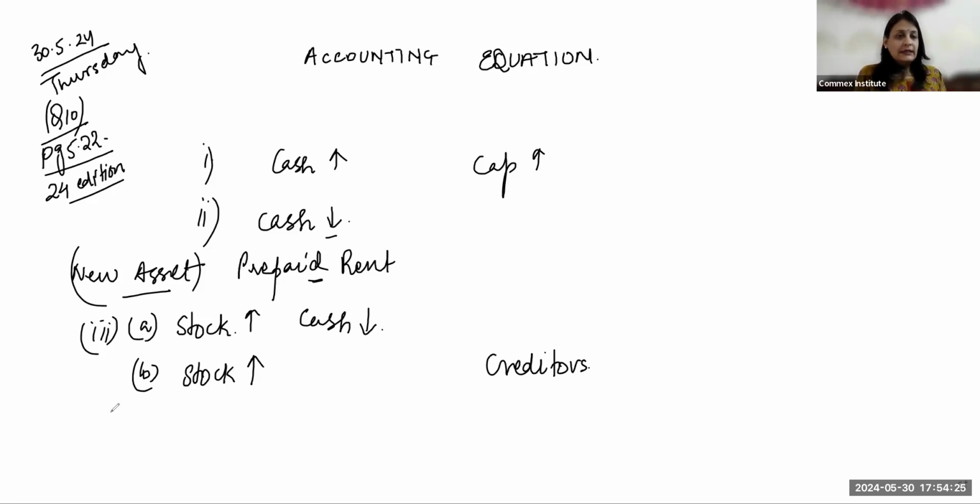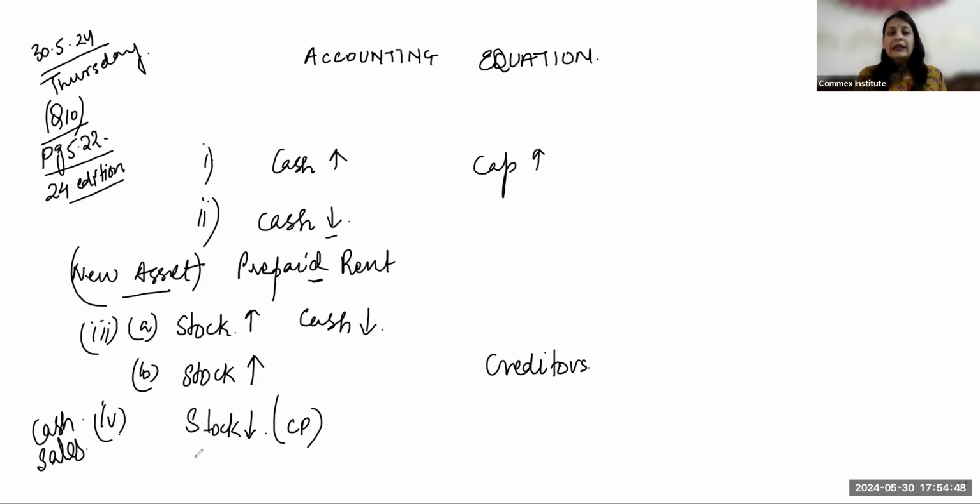Now, next is sold goods for cash 30,000, costing 20,000. So in the fourth transaction, this is what we call cash sales. So for cash sales, obviously if I'm selling, the stock will go down by cost price. We will have to decrease the stock by the cost price.